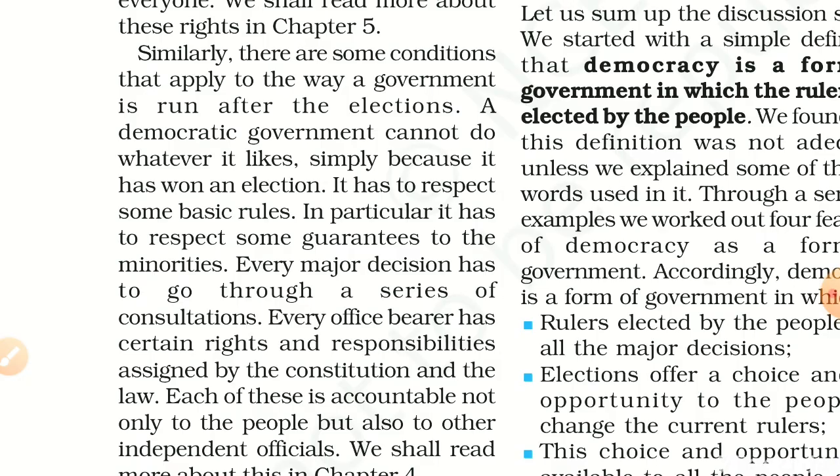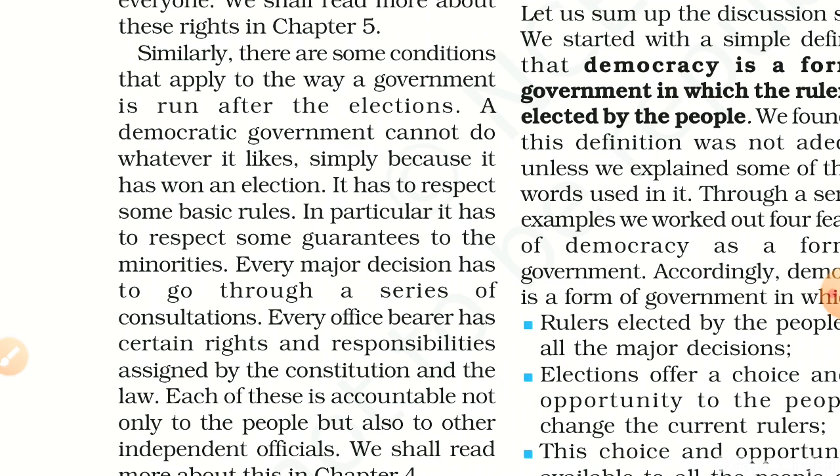there are some conditions that apply to the way a government is run after the election. A democratic government cannot do whatever it likes. If it is in majority, that does not mean it has the right to do anything. Simply because it has won an election, it has to respect some basic rules. In particular, it has to respect some guarantees to the minorities.